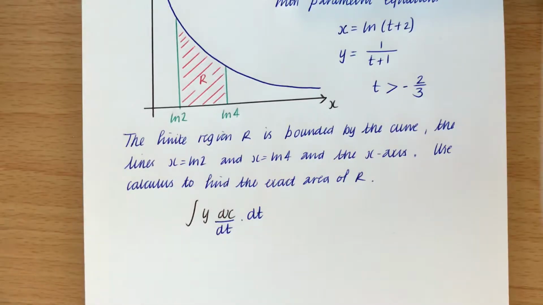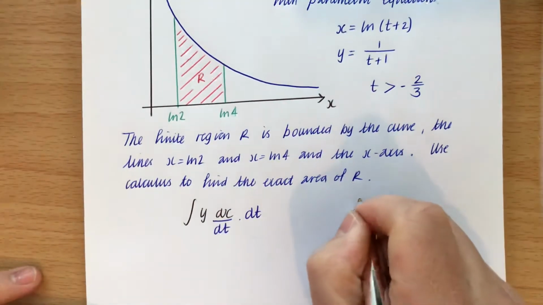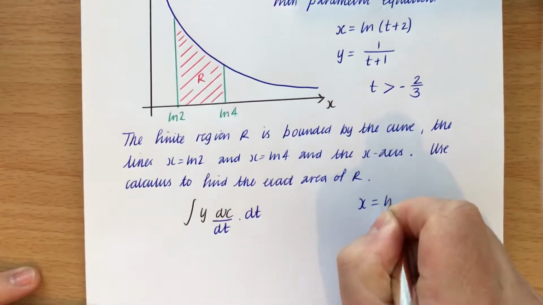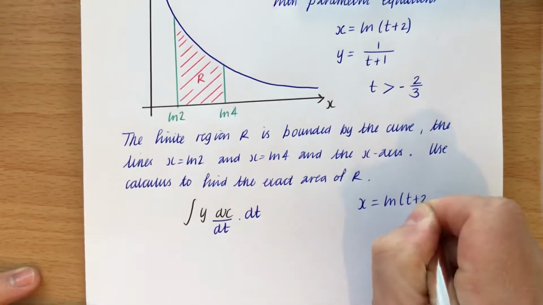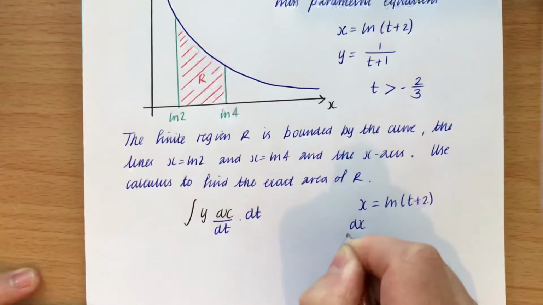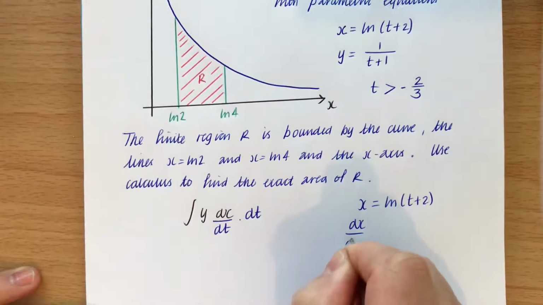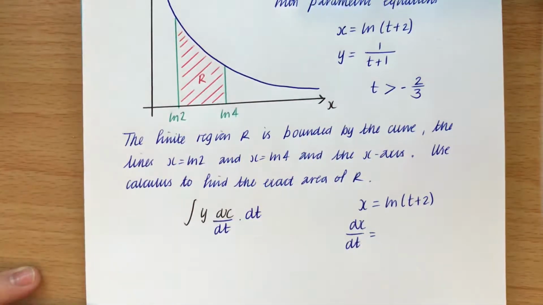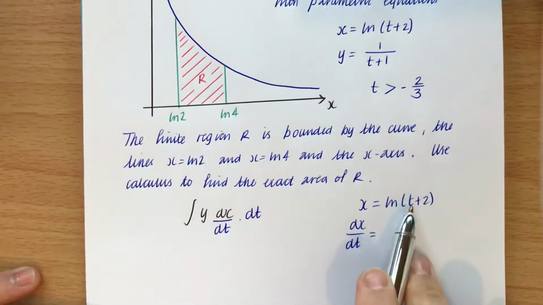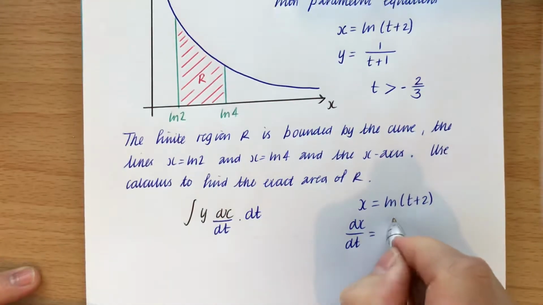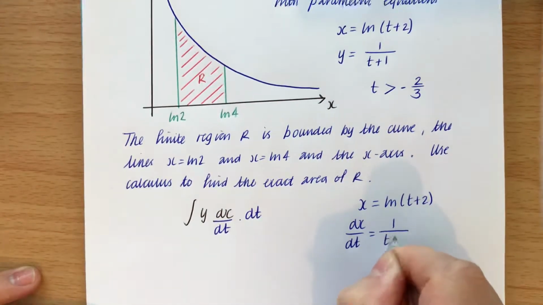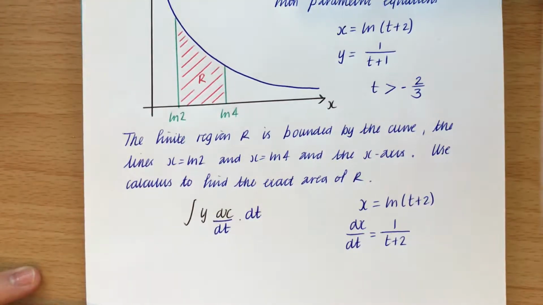So the first thing I am going to do is take x equals log(t plus 2) and differentiate it, dx by dt. The differential of a logarithm will just become 1 over t plus 2.